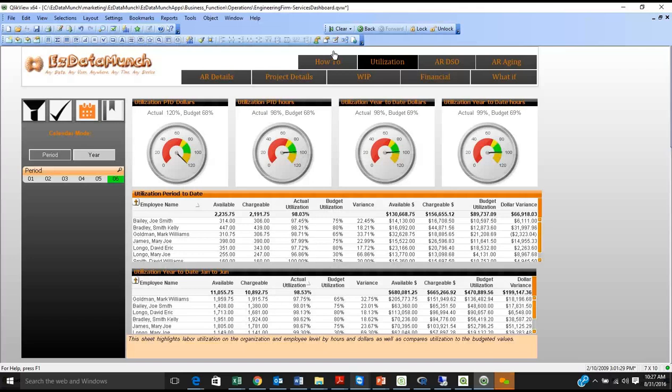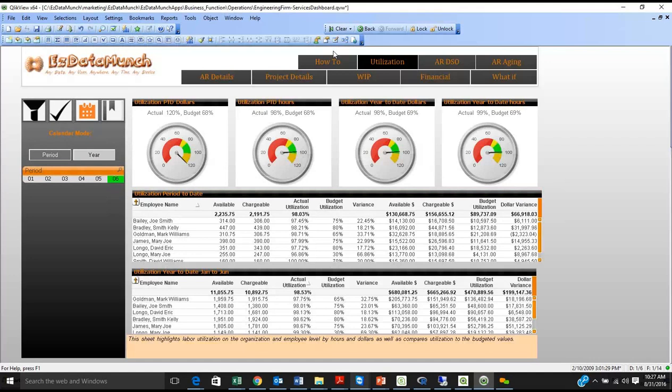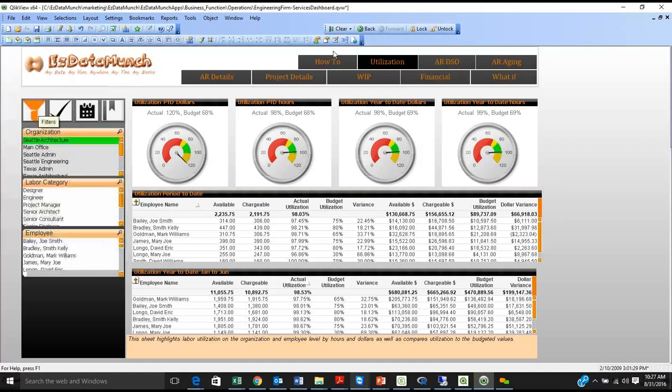So this is very critical. This is very crucial for services organizations like accounting firms, engineering firms, or any services company that is really looking at this data, because people are your revenue, and they're also your biggest cost.